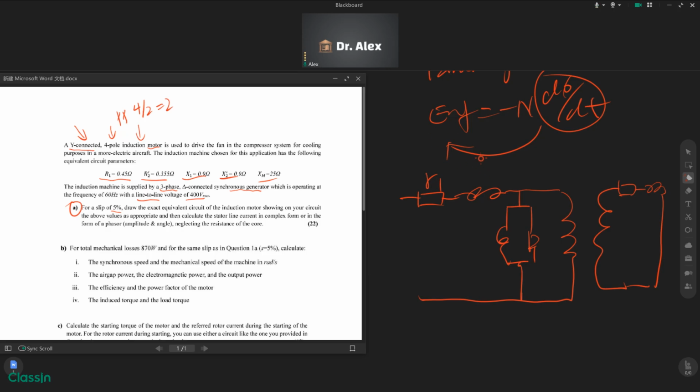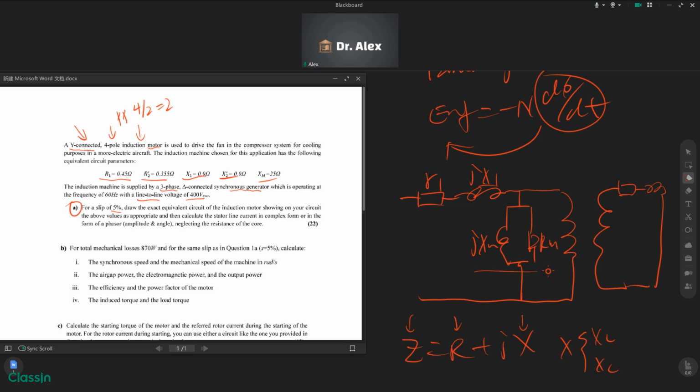This is jX1. X is a reactance. Don't forget this thing, right? This is the impedance. This is the resistance. This is a reactance, right? Reactance includes two things, which is inductance and capacitance. Okay. And this is jXm, and this is Rm.